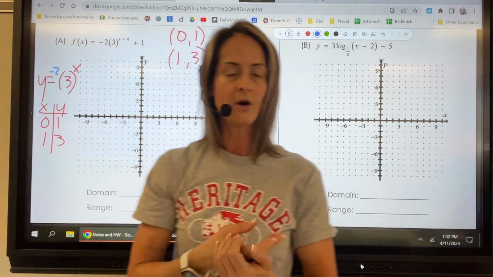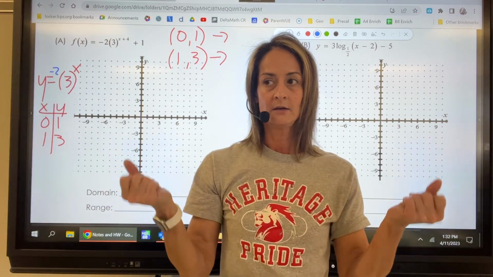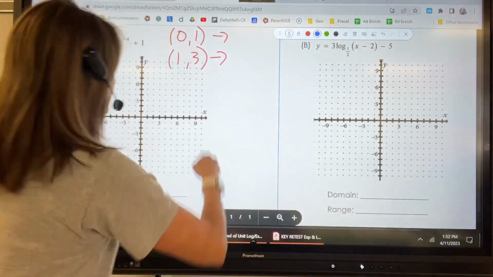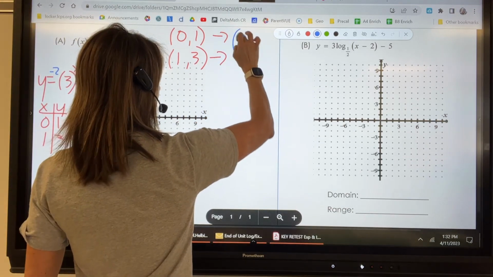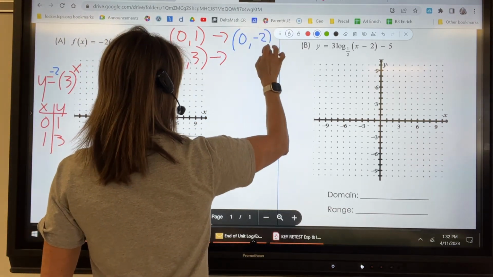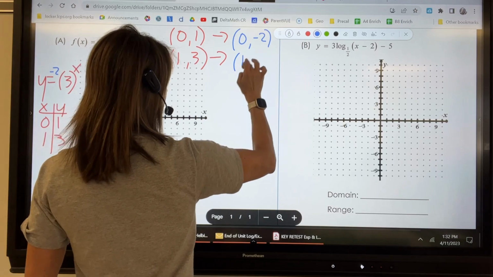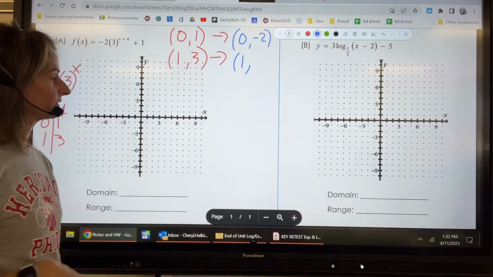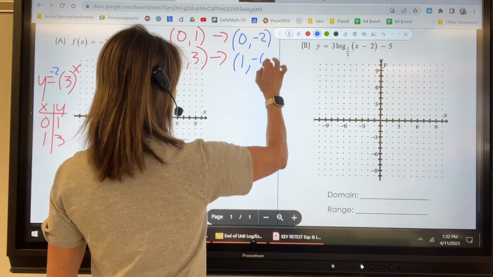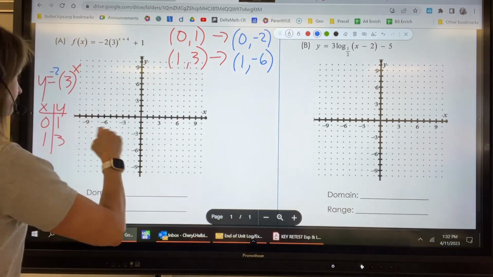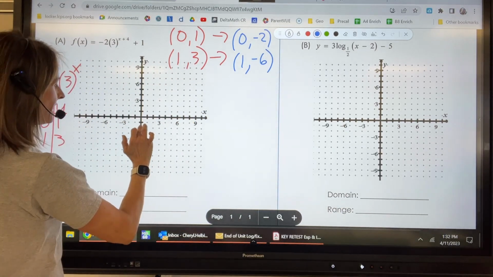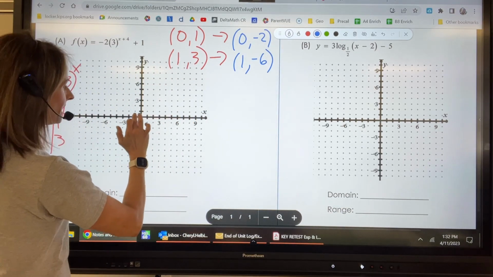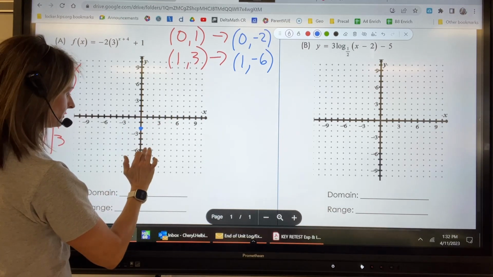So it's just going to take all the y values and multiply them by -2. So 0, 1 is going to go to 0, -2, and then 1, 3 is going to go from 1, 3 to 1, -6. Is that right? Yeah. Now I'm going to plot those. Those will not be on our graph, but those are our initial points.